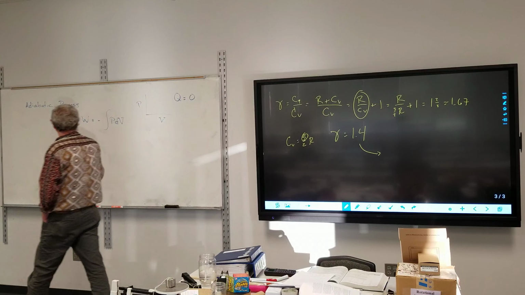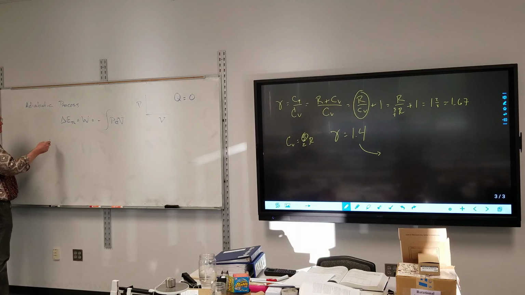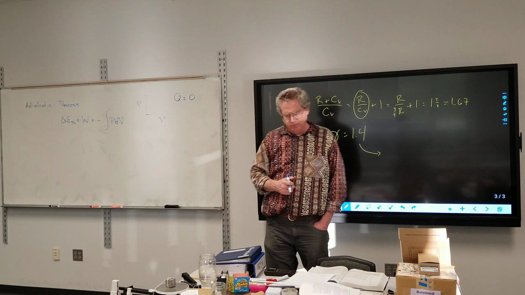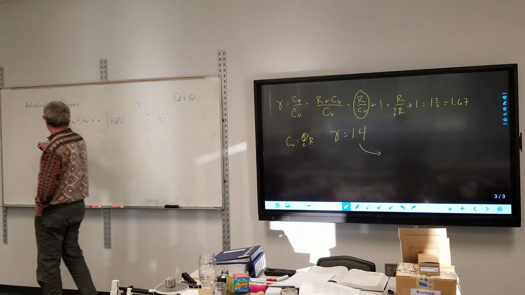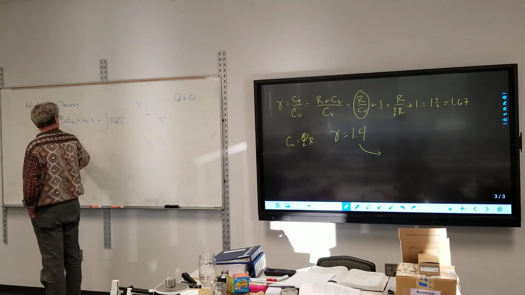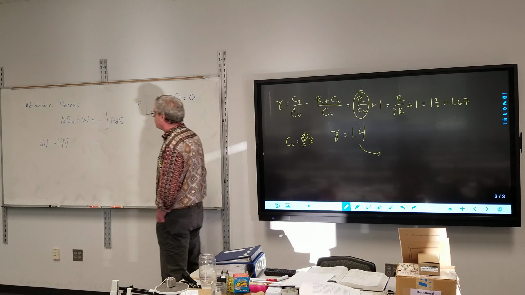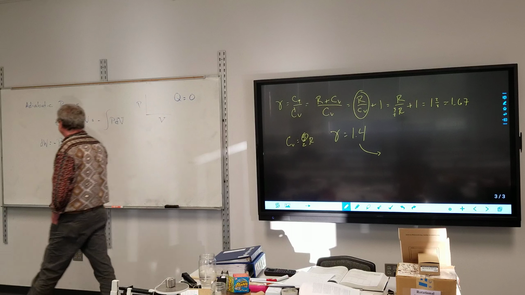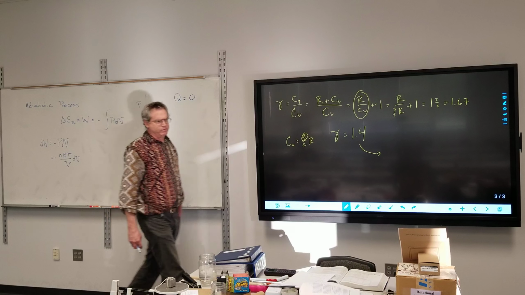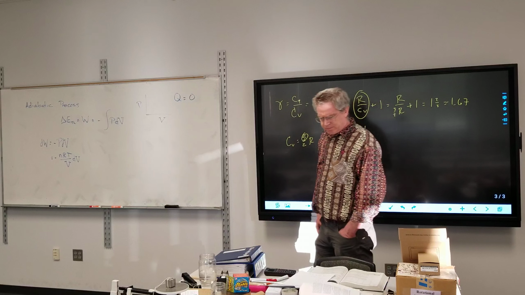Manipulating this around a little bit because I'm going to come up with stuff that we'll use later. Put it in terms of differential here, dW, and this W is for work, is equal to negative PdV. And if we're assuming ideal gas, I know that P is equal to nRT over V dV.